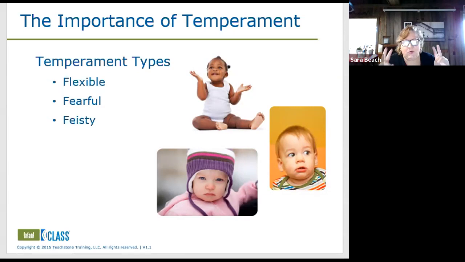Usually they're quote unquote the easier babies. They're easy to get to know. They're easy to interact with. They typically have regular biological functions. They go to sleep at the same time regularly. They eat. Everything's pretty regular for them. Good sleeping habits, etc. And they're generally cheerful.